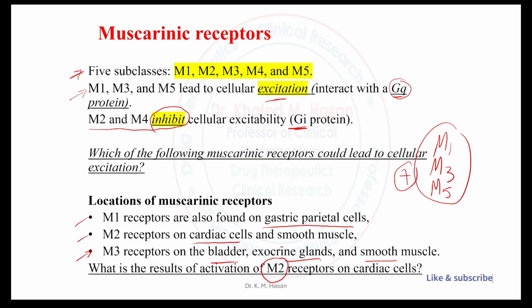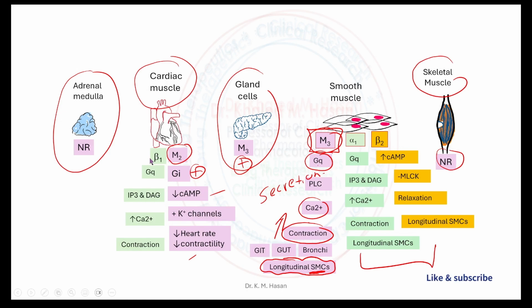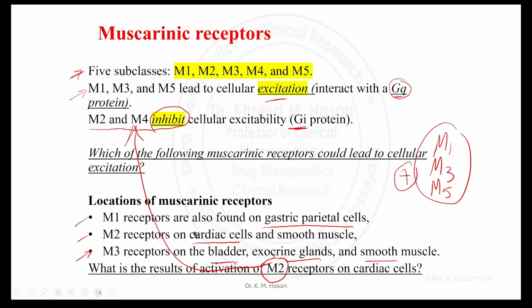If you look at the heart, we have M2 receptor, and the result will be an inhibitory effect. If you go to the previous slide, you can see that if you activate M2 receptor through the Gi protein, this leads to decreased contractility, an inhibitory effect on the heart, decreased heart rate, and decreased contractility.